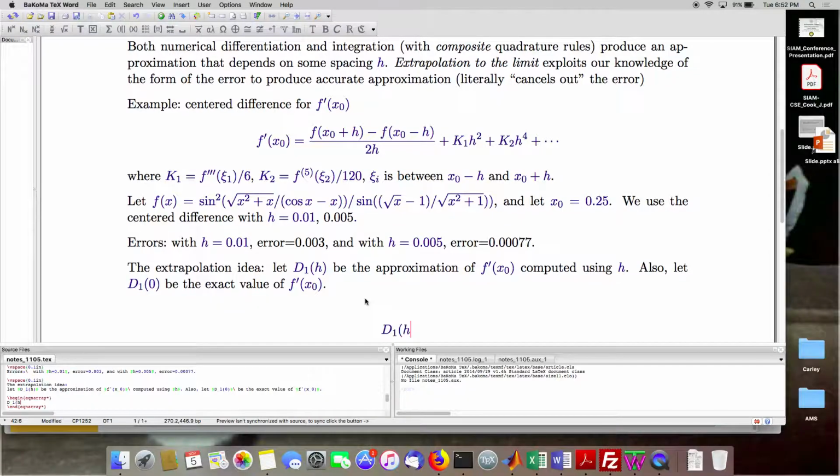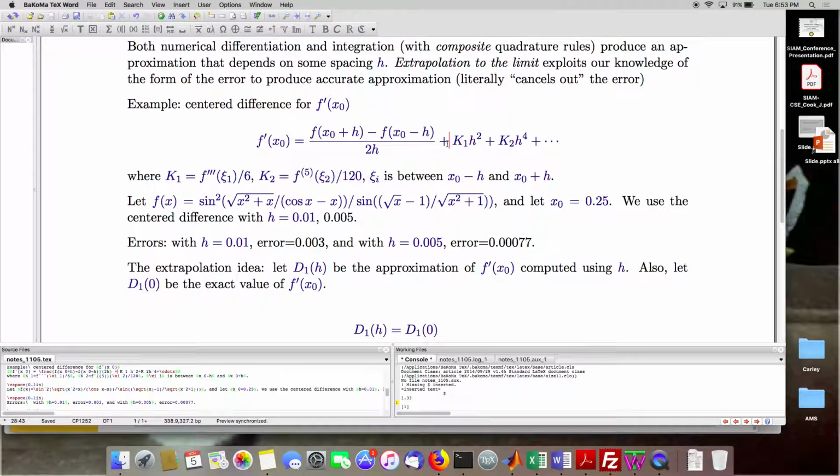Okay, so then we have the following. So d1 of h is equal to the exact value. Okay, unfortunately my notation's a little off from before.